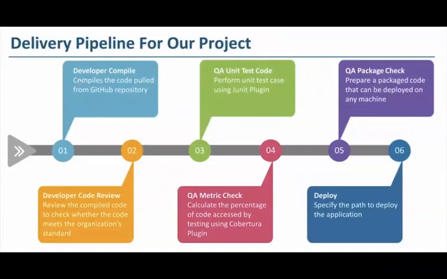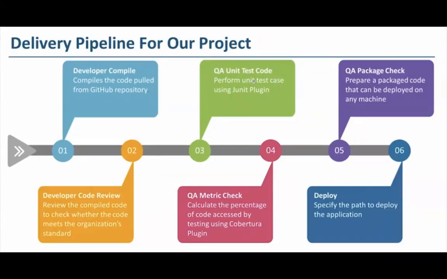The compile job is going to be pulling the code from the repository, and once it is pulled, then code review is going to be analyzing the code. We do have PMD plugins, which means programmer mistake detector. Is there any syntax error, how many classes, if they have any mistakes, we are able to analyze all the stuff.